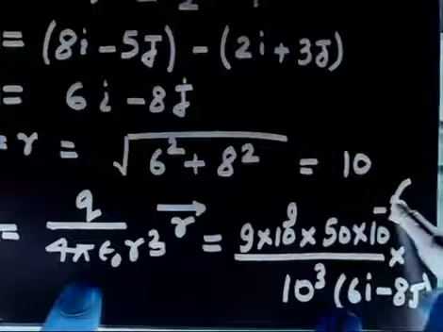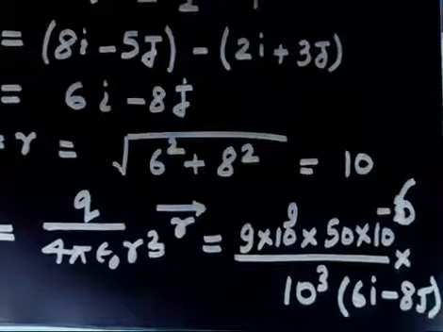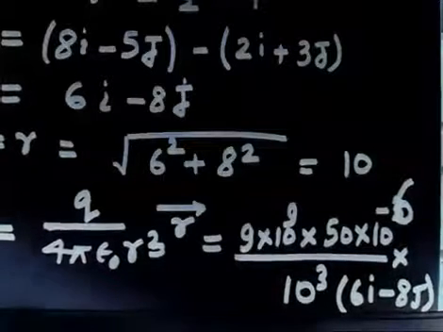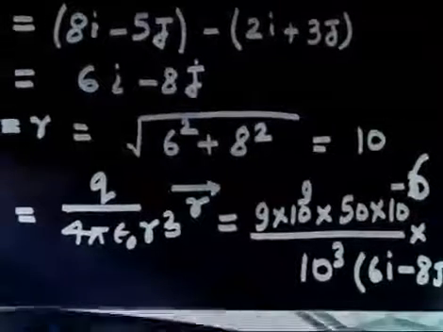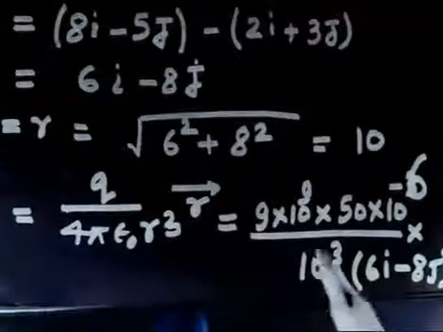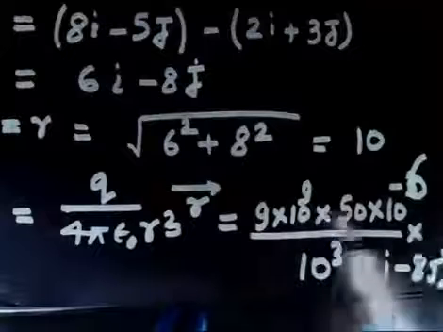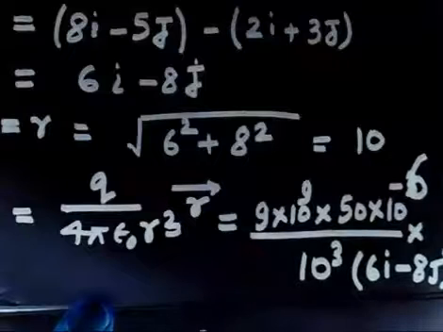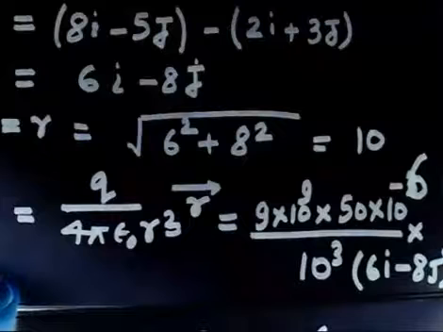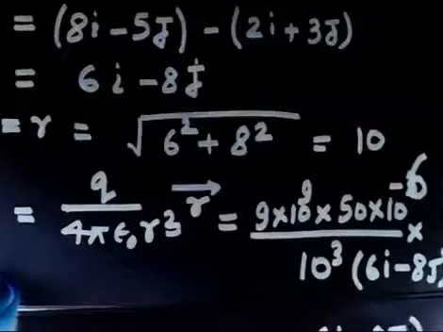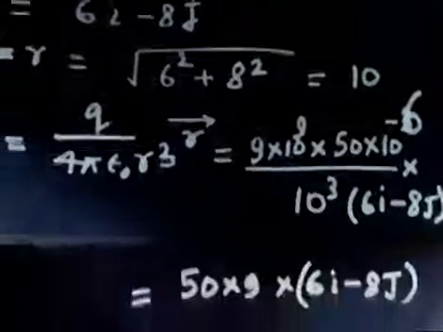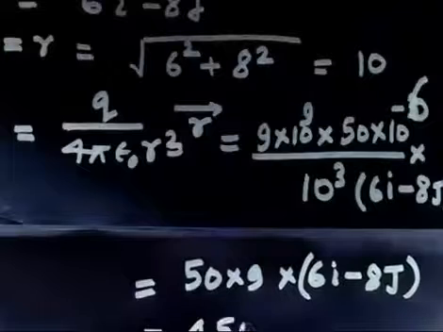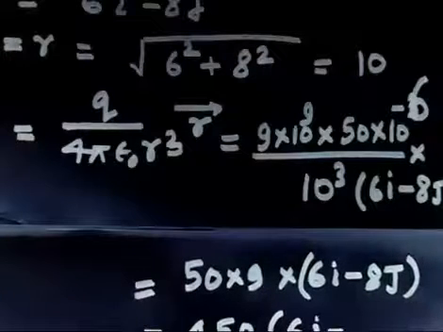Now do your own calculation. The 10 to the power 3 from the denominator cancels with 10 to the power minus 6, leaving 10 to the power minus 3, so we will have 50 into 9 into 6i minus 8j. So this is 450 into 6i minus 8j.